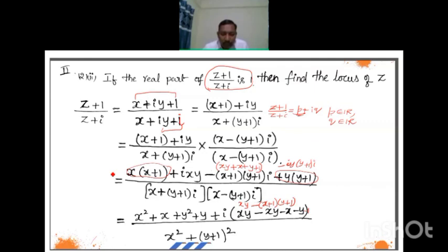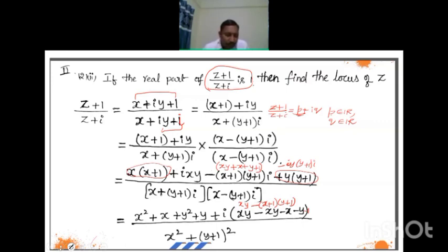We require the real part, so focus on the real part: x square plus x plus y square plus y is the real part, and the imaginary part is xy minus (x plus 1) into (y plus 1).